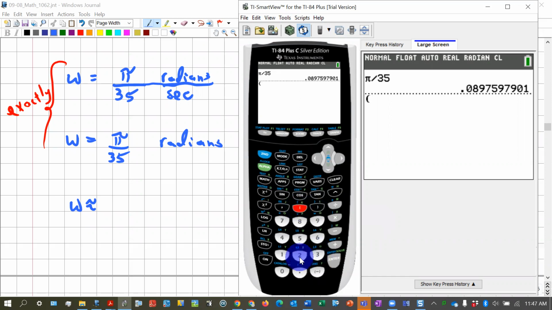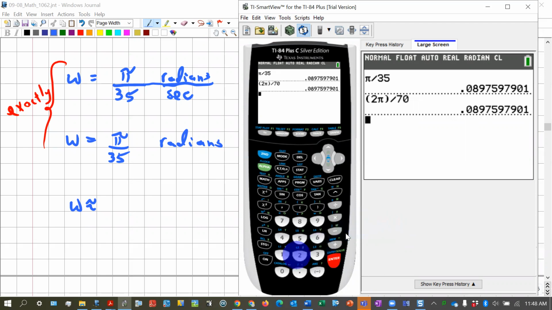So I would use a set of parentheses, 2 pi, divided by 70. There's only one number in the denominator. There aren't any operations, so I don't need parentheses in the denominator. In this particular fraction, the only operation inside the fraction is in the numerator, not the denominator, and the only operation is multiplication.